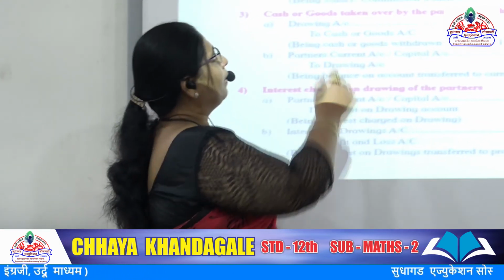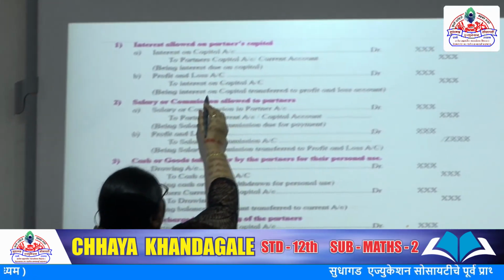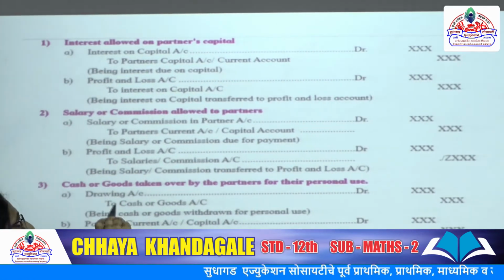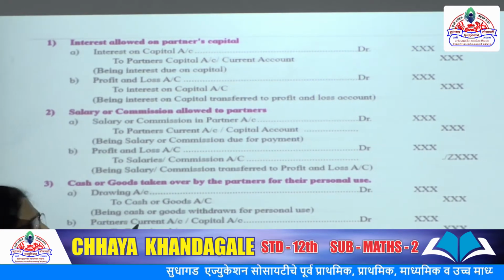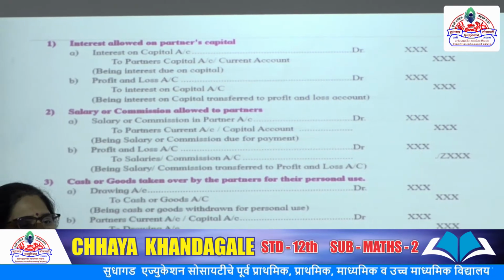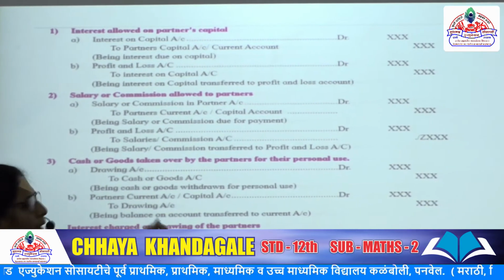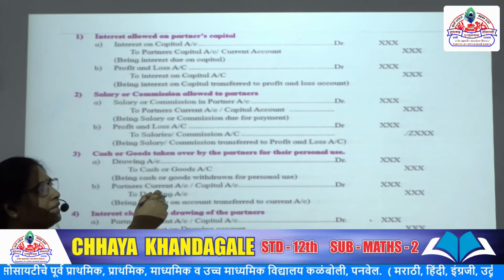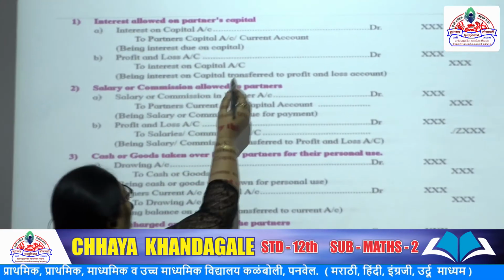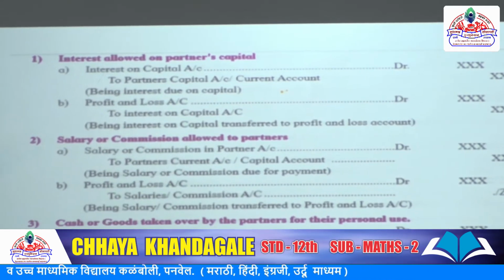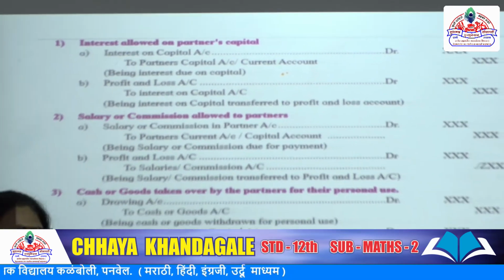So interest on capital account debit to partners' capital account or current account. First you are going to write in the current account or capital account on the credit side, interest on capital, and the next entry will be as follows. Because it is going to be given in the adjustment, the adjustment always carries twofold effects.